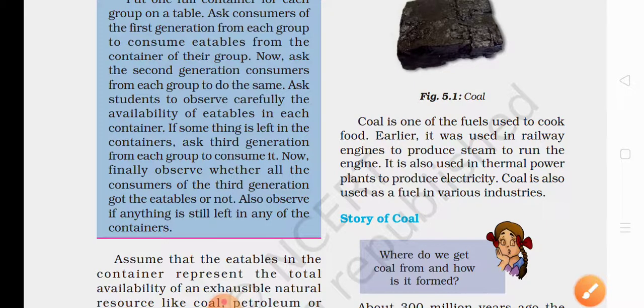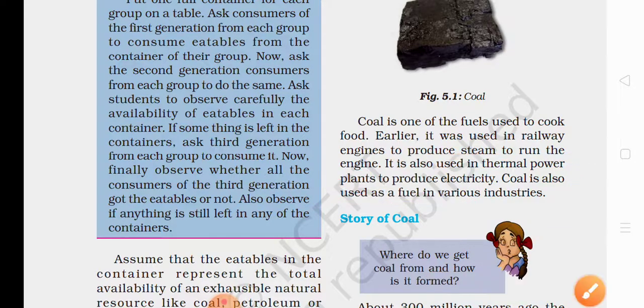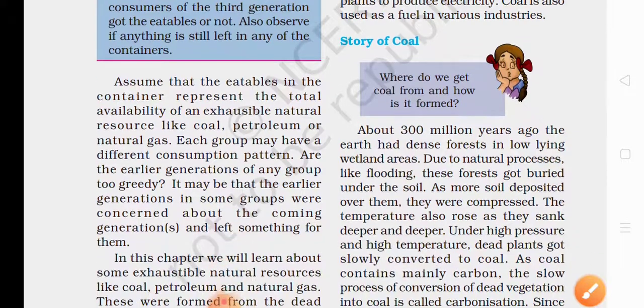Beta, we know that in earlier times, in railway engines, coal was used to produce steam to run the engine. It is also used in thermal power plants to produce electricity, and coal is also used as a fuel in various industries, right? Now we will study in detail the story of coal.